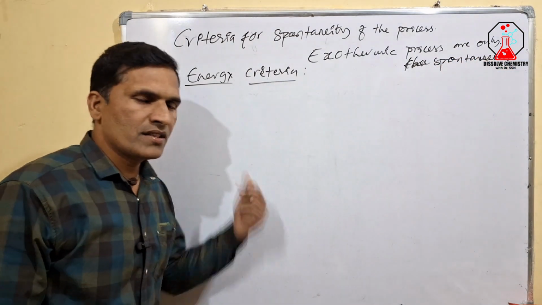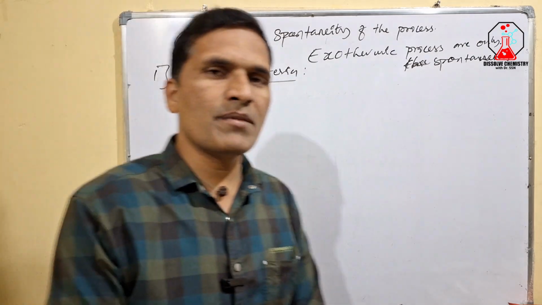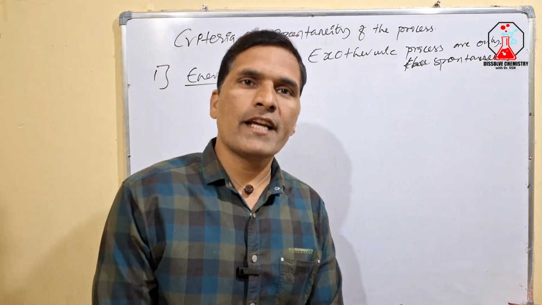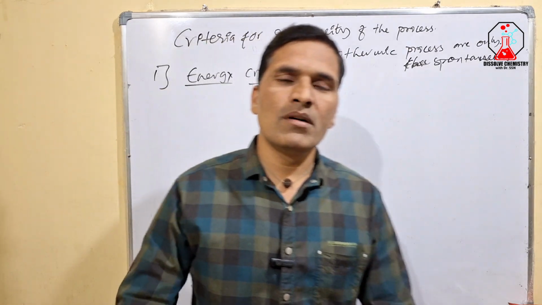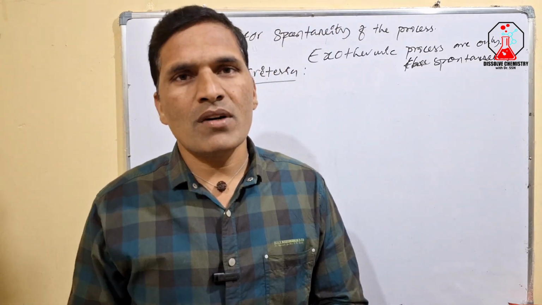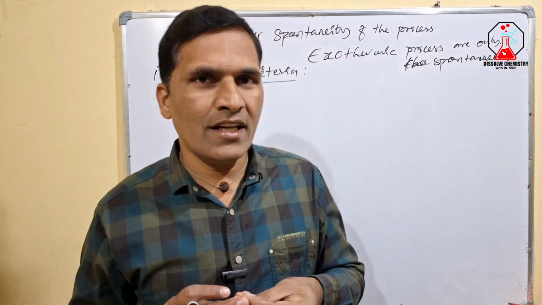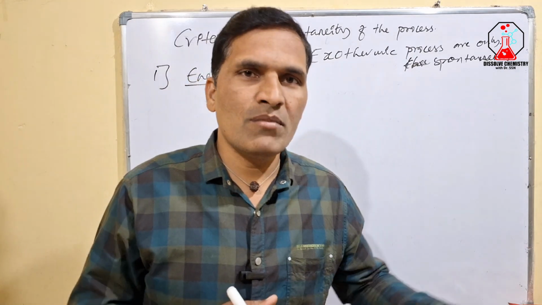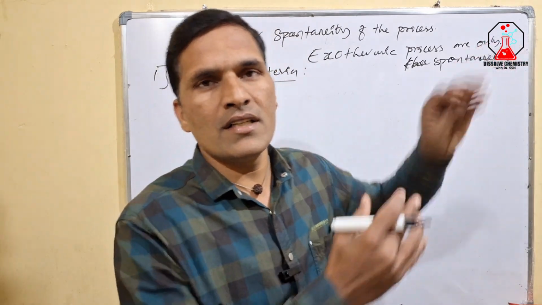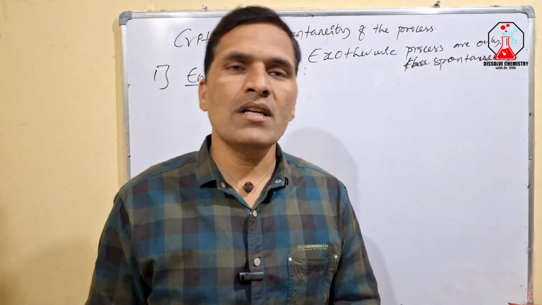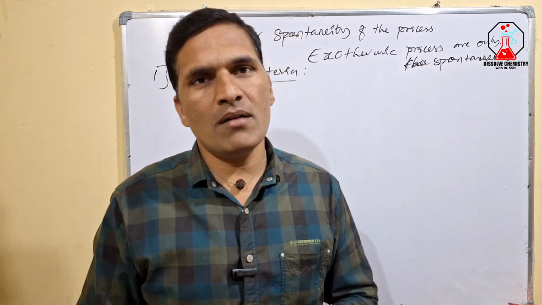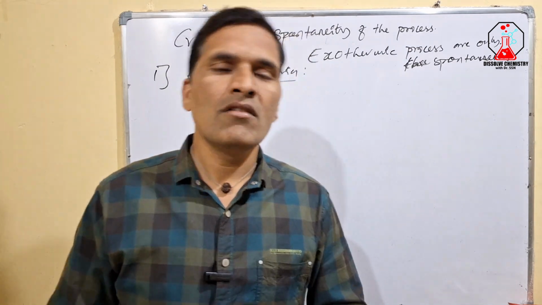Say for example, from the examples we have discussed previously, we have taken burning of fuel, combustion. There the energy stored in the form of chemical energy is converted to heat energy upon combustion and given out, and it forms still more stable components, that is carbon dioxide and water.